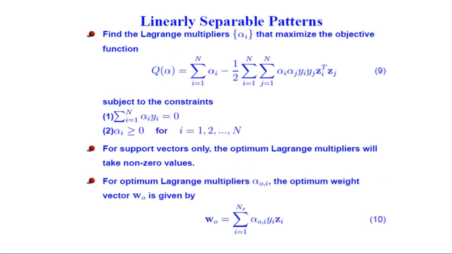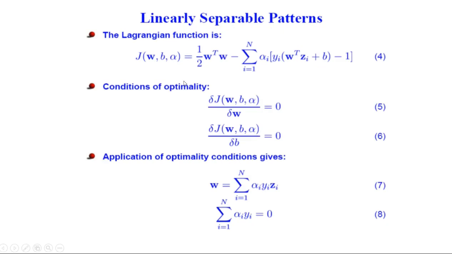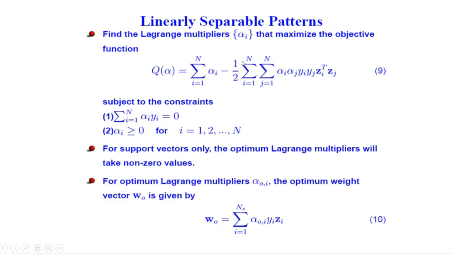So here two Lagrangian functions are used. One is for finding W and another one is for finding alpha i. After solving this equation, you will get the optimum W o, meaning the optimum weight vector, and alpha o i, meaning the optimum Lagrangian coefficients.